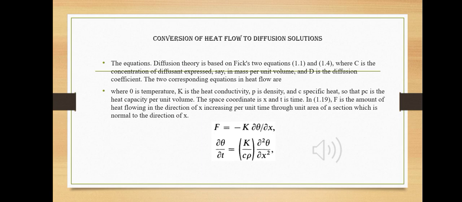The space coordinate is x and time is t. F is the amount of heat flowing in the direction of x increasing per unit time through unit area of a section which is normal to the direction of x, as you can see down there.